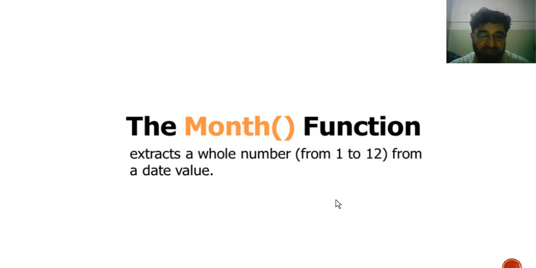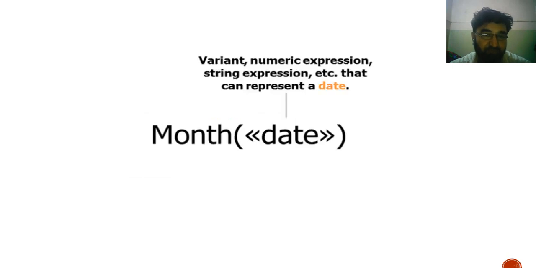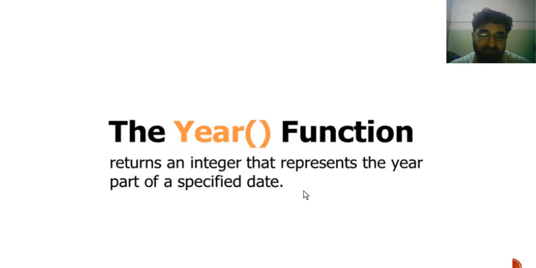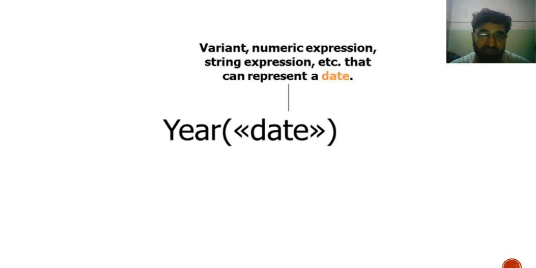The month function extracts a whole number from 1 to 12 from a date value, and requires one argument: a variant, numeric expression, string expression, etc. that can represent a date. The year function returns an integer that represents the year part of a specified date. The year function also requires one argument, which can be a variant, numeric expression, string expression, etc. that can represent a date.